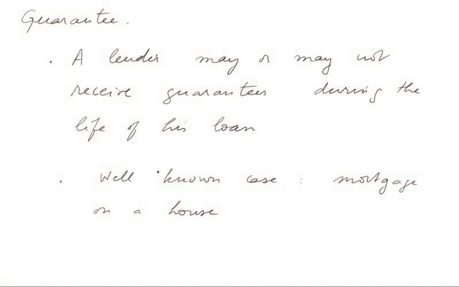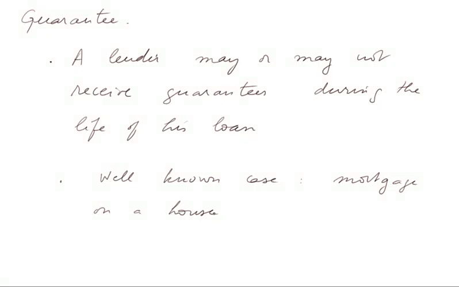The well-known case is a mortgage on a house. You are a lender to someone who borrowed money from you to buy a house. You may be a bank or you may be an operator on the stock market. Then you will usually receive a mortgage, which is some sort of dead property on the house.